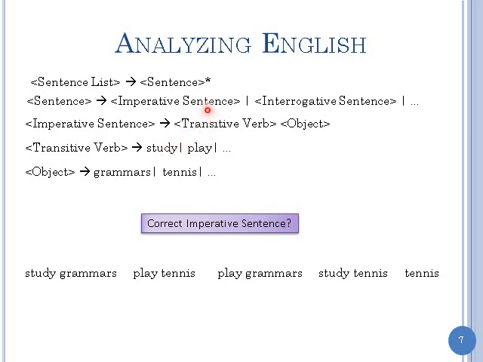And how do we know what can go in here? It's defined. So this is also called a terminal. And this is called a non-terminal. Why? Because this study, you don't have to go to another rule to figure out what this is going to be. This is literally study.